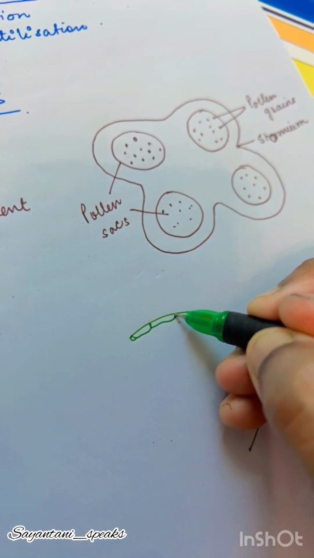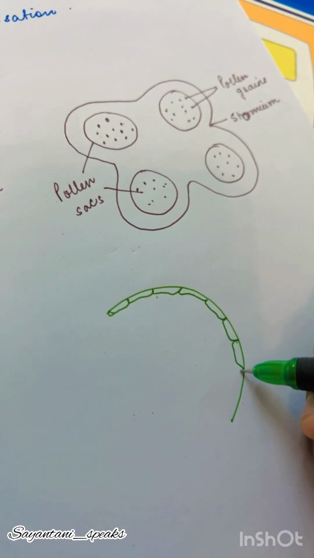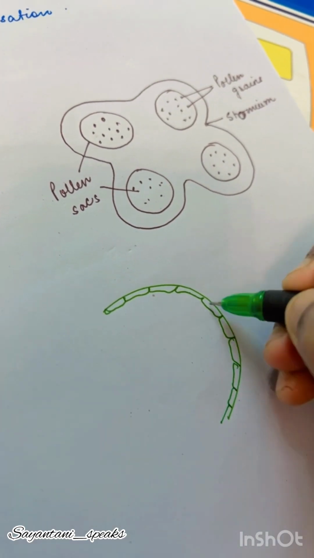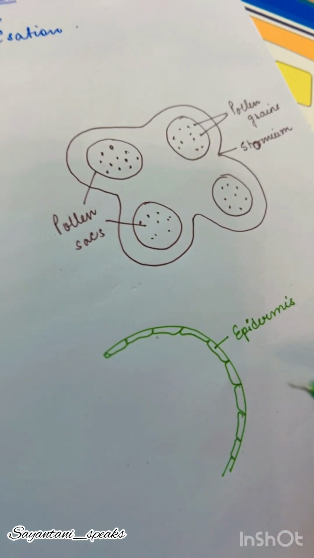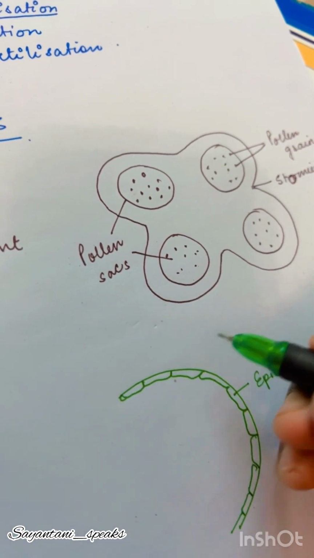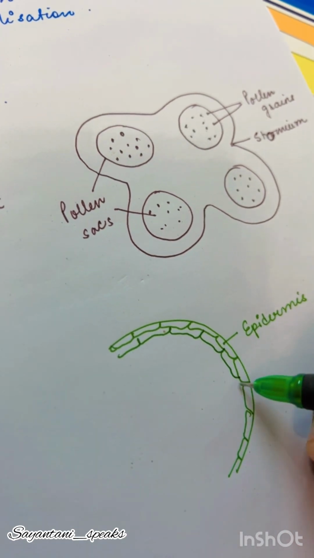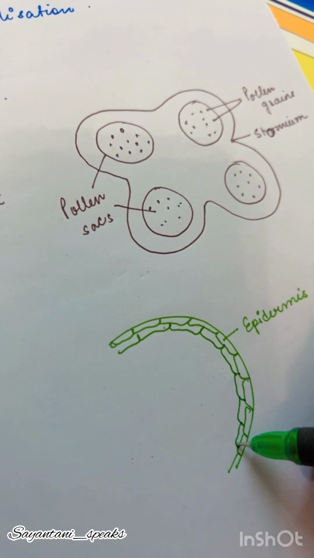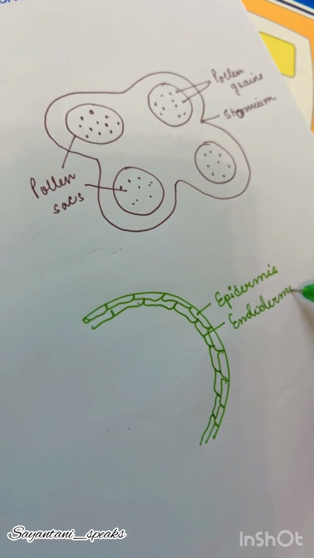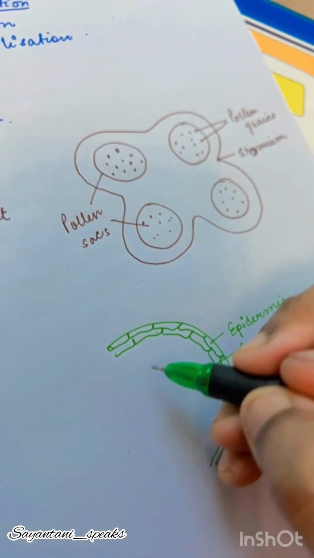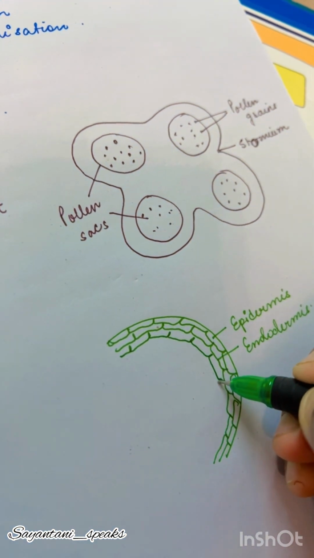It has an outer epidermal region, which we call the epidermis, followed by the endothecium, then there is a nearly 2 to 4 layer thick structure which is known as the middle layer.